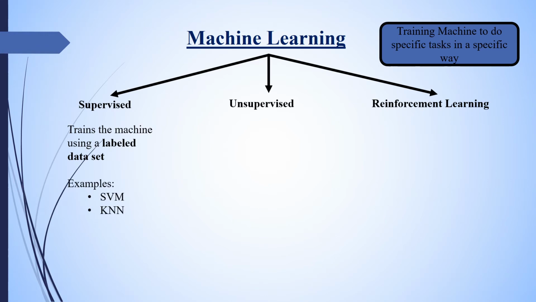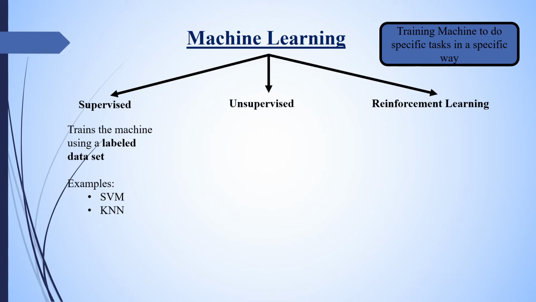In other words, we provide the machine with a given data set on which it is trained to perform future tasks. Examples of such supervised algorithms are SVM, also known as support vector machines, and KNN. It is also a very popular algorithm in supervised machine learning.